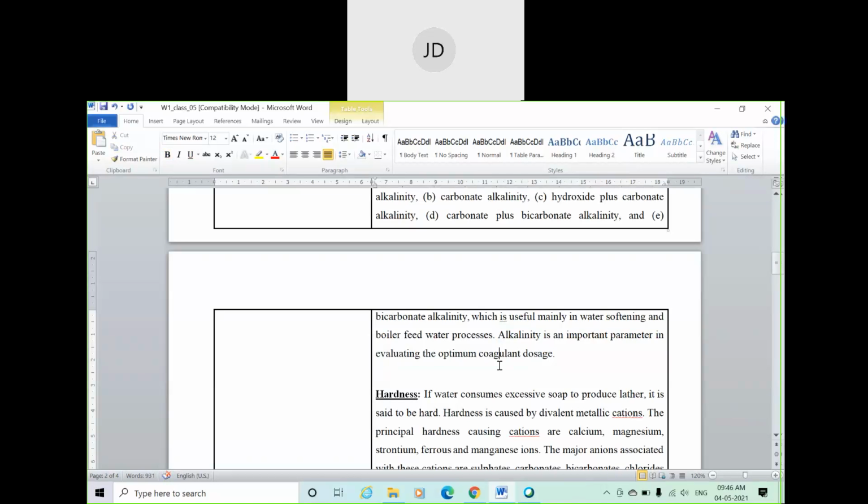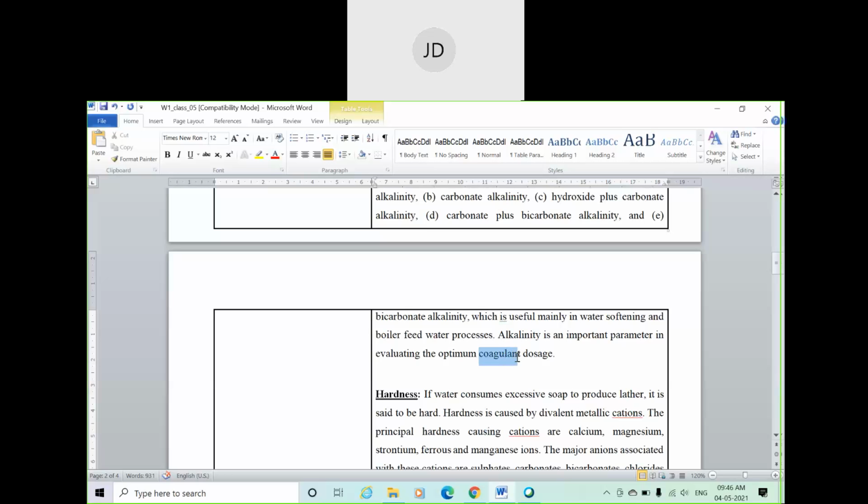It mixes with the suspended solids present in the water and makes a sticky film around the soil particles, and they come close to each other and make a flock, a kind of ball structure. Then they get settled in the sedimentation tank. So the basic idea of using coagulant is to make the flock in the water treatment plant.